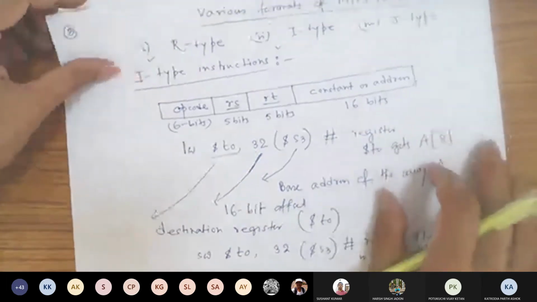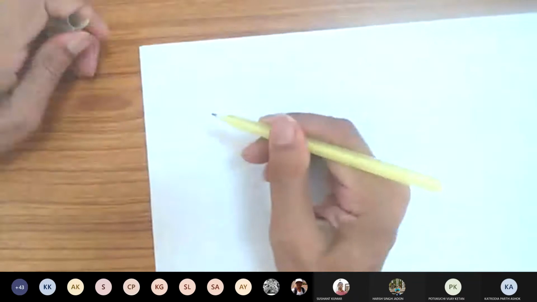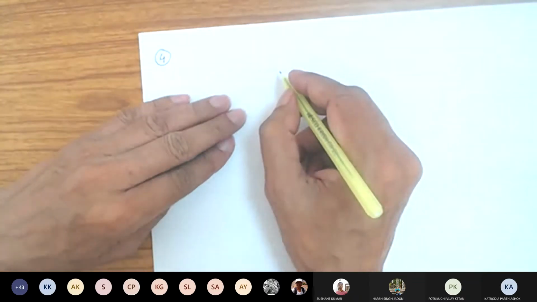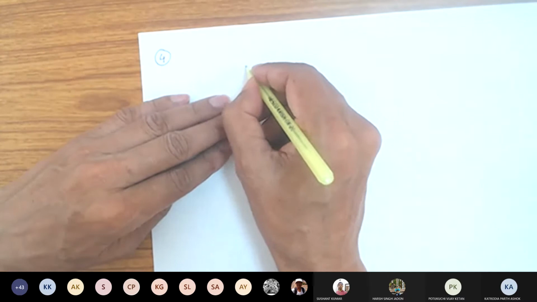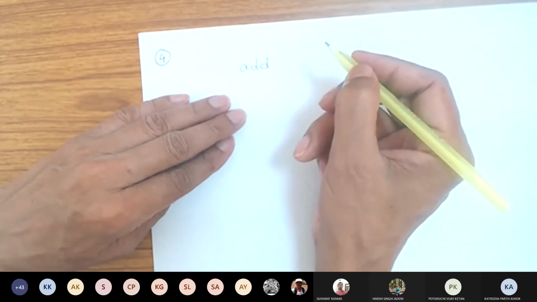So, another example of immediate type. Let's take another example: add.